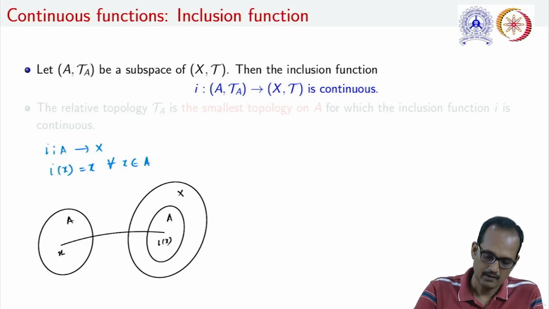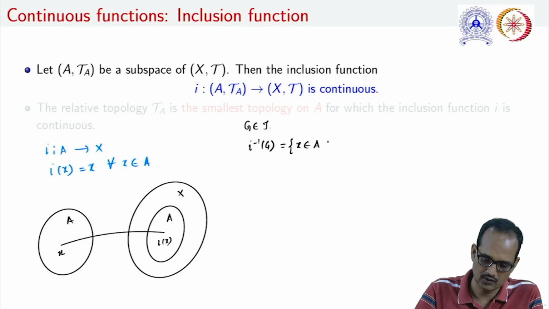Now, if we want to prove that this function is continuous, let us take g belongs to tau and try to compute I inverse g. Note that this I inverse g will be nothing but the collection of all those x belongs to A such that I of x belongs to g.